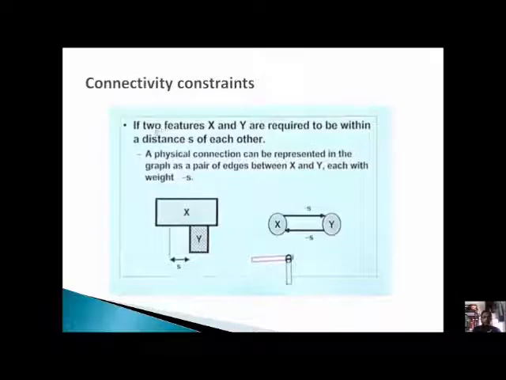The connectivity constraint is that if two features x and y are required to be within a distance s of each other, it depends on connectivity. Let me take this as one block, a polysilicon, and this some diffusion. If you want to connect these two, we should allocate some minimum width and minimum space to connect them.